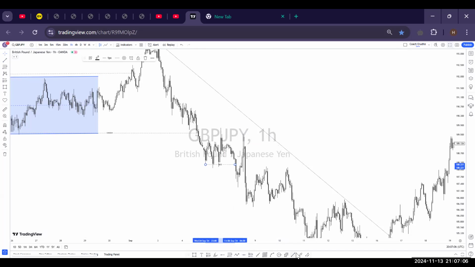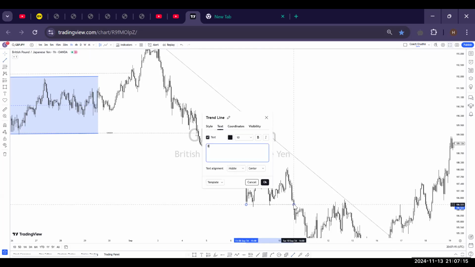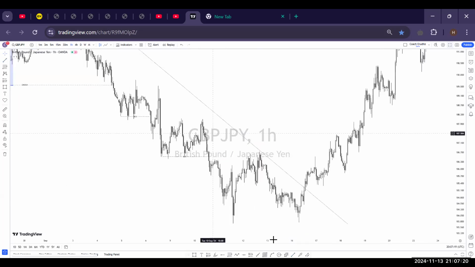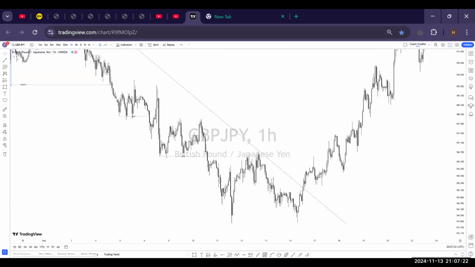We have another break of structure, and we have another break of structure. So this was the break of structure we had.